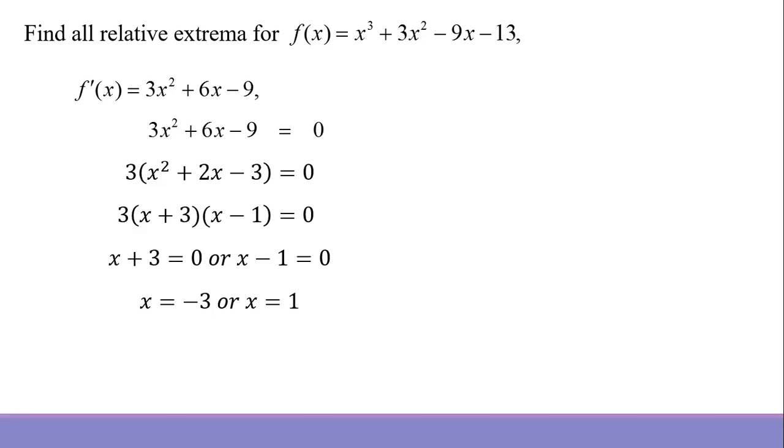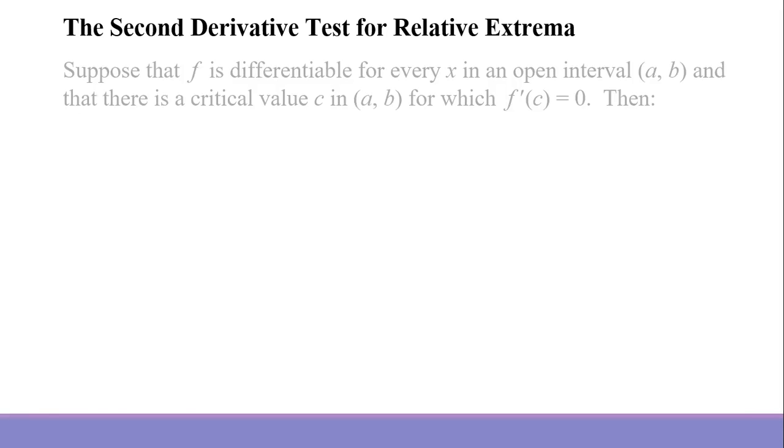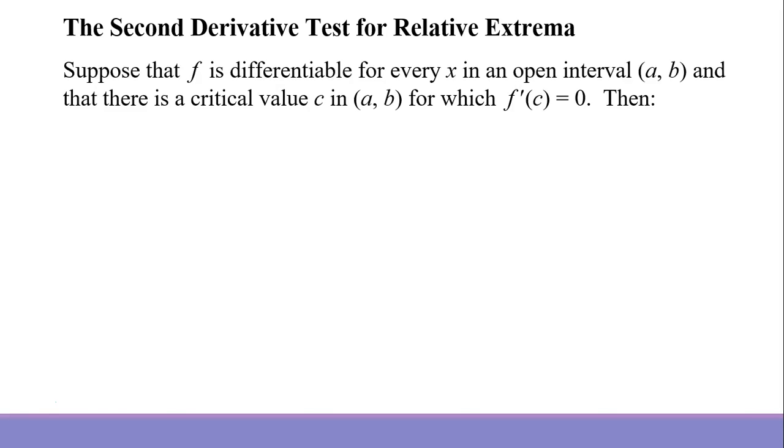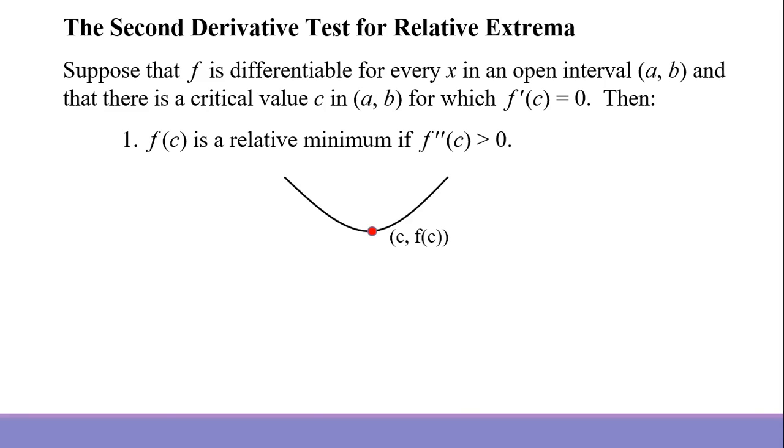But there was a second way we could have found relative extrema, and that second way was the second derivative test. Now what the second derivative test said was that if we have critical values, in this case we're calling the critical value c, and we look at the second derivative at that critical value, then the critical value represents a relative minimum if the second derivative is positive at that critical value.